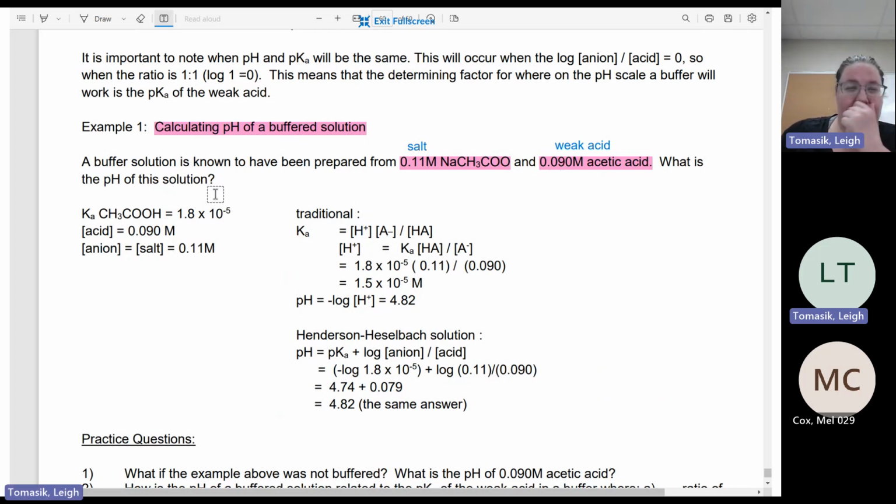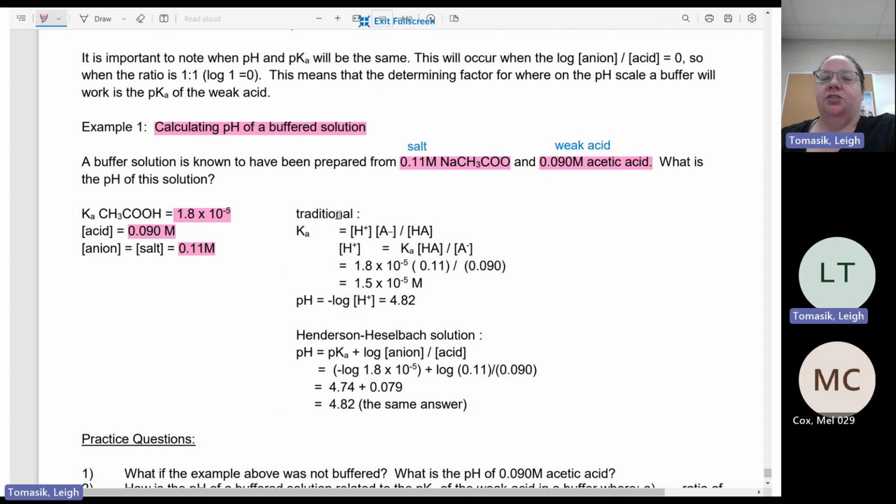What is the pH of the solution? We know the Ka of acetic acid is 1.8 times 10 to the negative 5. The concentration of the acid is 0.090 moles per liter, and the concentration of the anion or salt is 0.11 moles per liter.